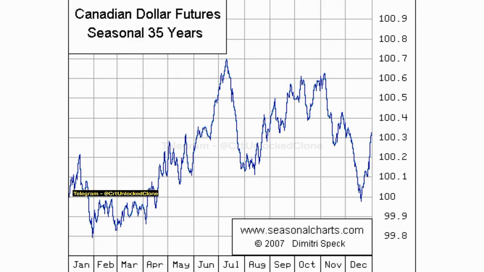So all of this price action on this seasonal tendency chart will be inverted and flipped for USD CAD. For example, right here you can see that from October to November the Canadian futures chart has historically gone lower and formed bearish price action. Then that means that USD CAD, the US dollar against the Canadian dollar forex pair, has historically gone higher from October to November. Do you get it? It's completely inverted.